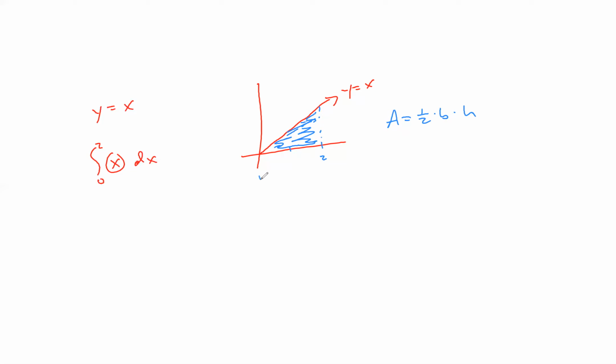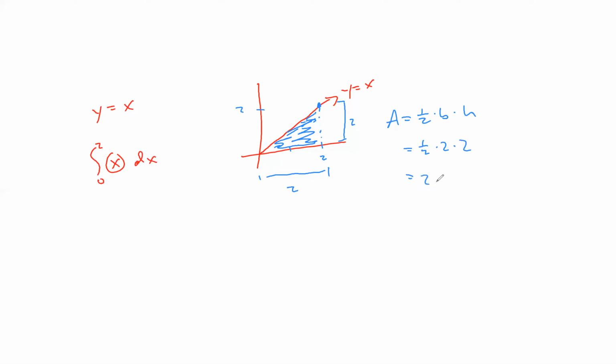Well, the base is obviously 2. The height is whatever this y value is, but this is the function y equals x, so that's the y value 2, so the height is also 2.